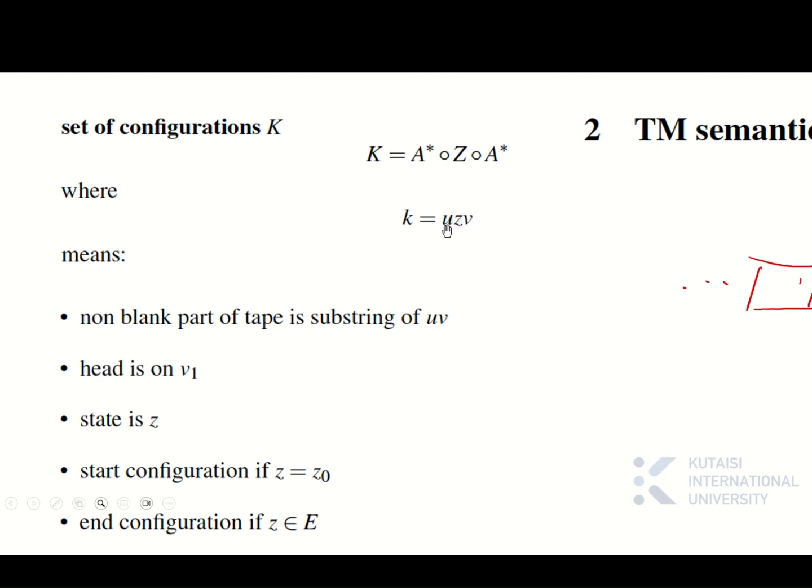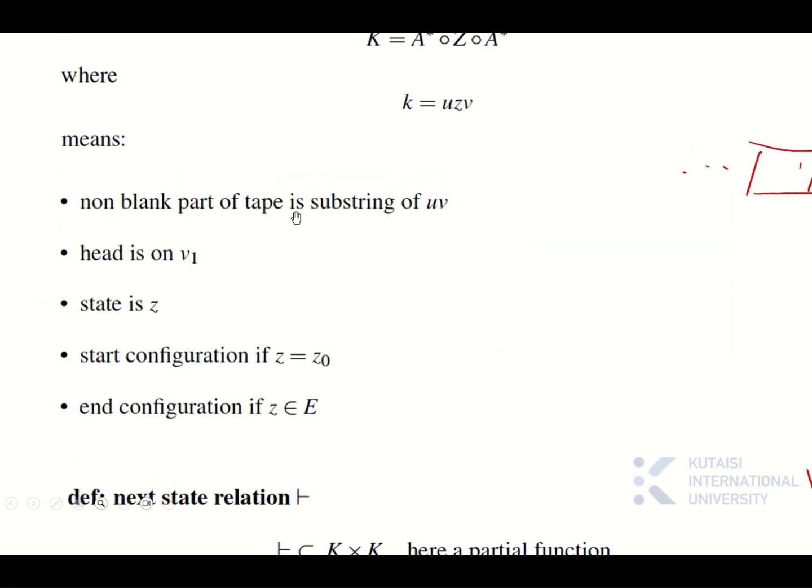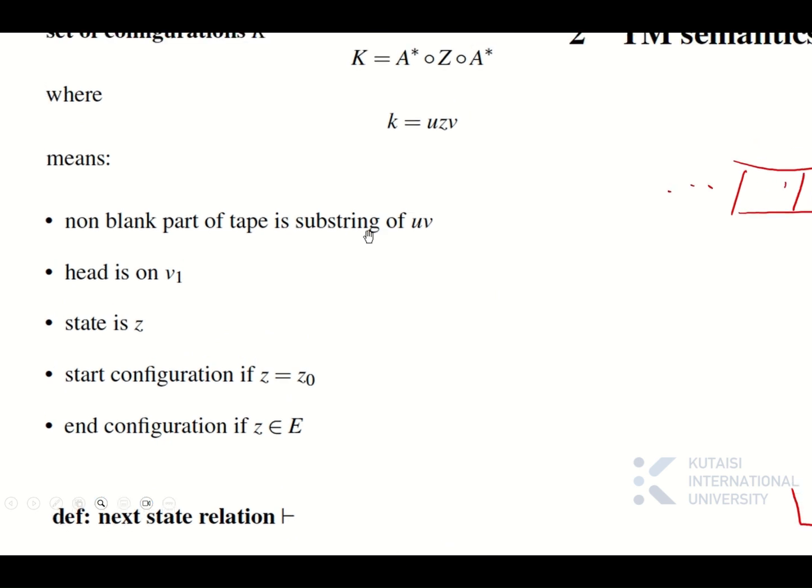In this case, this is U, this is V, and V1 is basically 1, so the first thing in V is 1, you can see here. So this is U, this is Z, this is V. Here it's actually written out, so we can read it. So the non-blank part of the tape is a substring of UV, right?